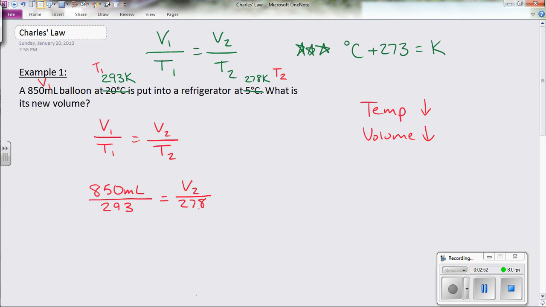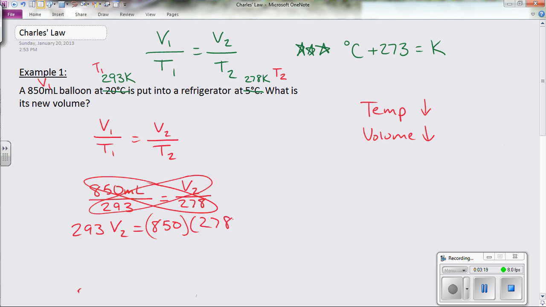Now, when we have lovely ratios like this, the easiest thing for me to do usually is to cross multiply and divide. So I'm going to start by picking the diagonals. So we have 293 times V2 equals, on the other set of diagonals, 850 times 278.